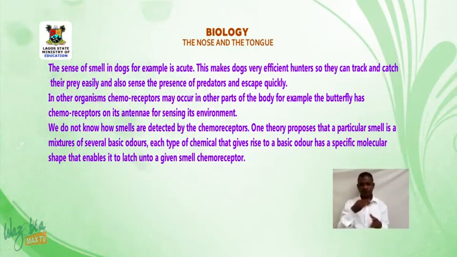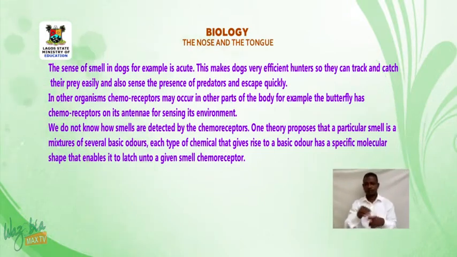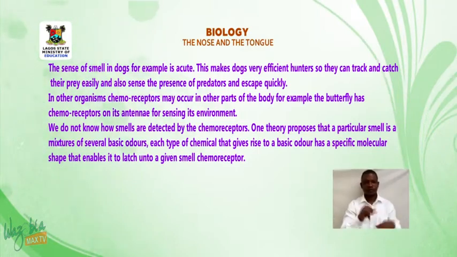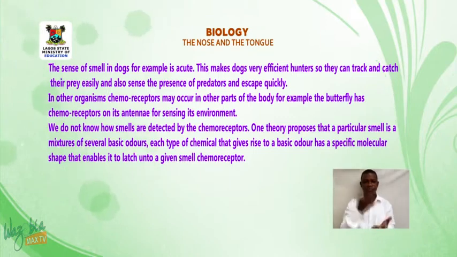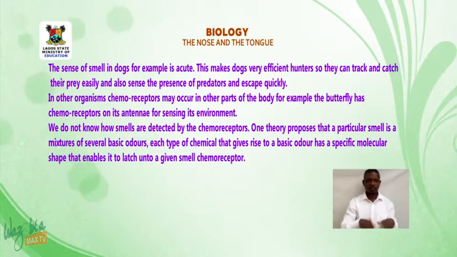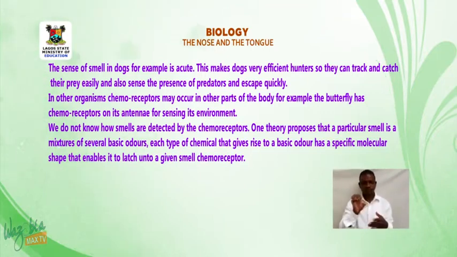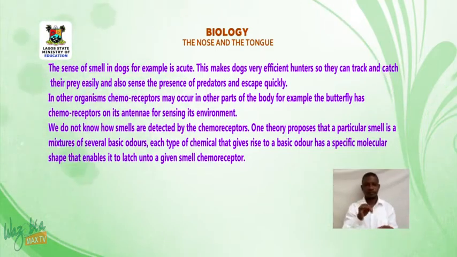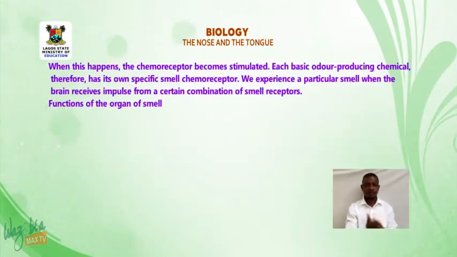We do not know exactly how smells are detected by the chemoreceptors. One theory proposes that a particular smell is a mixture of several basic odors. Each type of chemical that gives rise to a basic odor has a specific molecular shape that enables it to latch onto a given smell chemoreceptor, according to the theory.